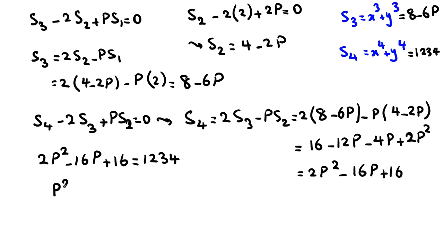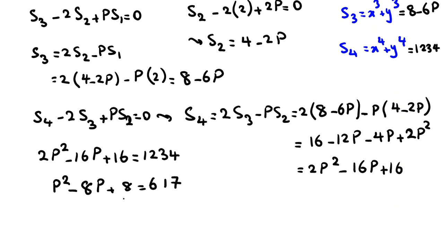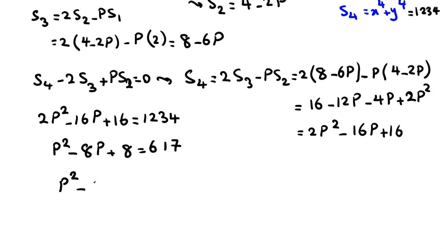It will be P squared minus 8P plus 8 equals 617. And if we take 617 to the left-hand side, it will be P squared minus 8P minus 609 equals 0.